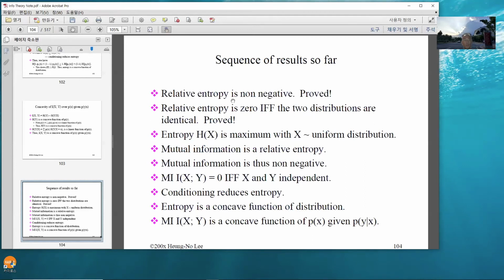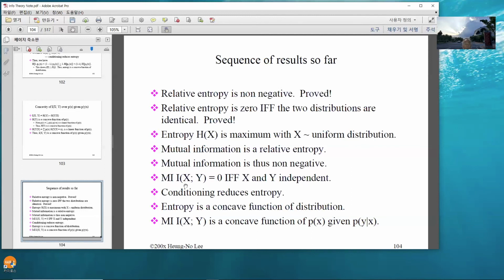And based on this statement, the product distribution should be equal to the joint distribution when the mutual information is equal to 0. So when the input and output are independent, that is the case when the joint distribution is equal to the product distribution, the mutual information is equal to 0. And also by the use of relative entropy, again, mutual information is non-negative. And as I told you, mutual information is 0 if and only if the input and output are independent.